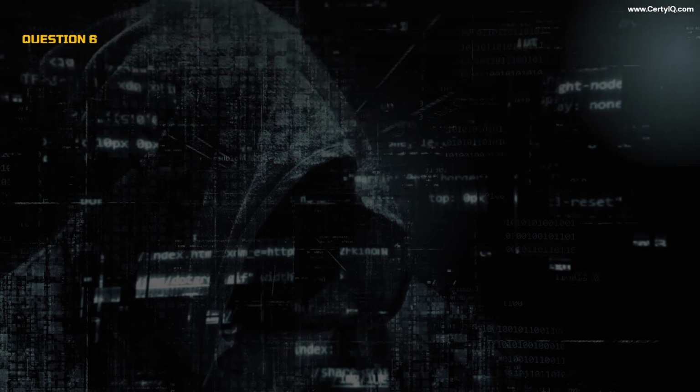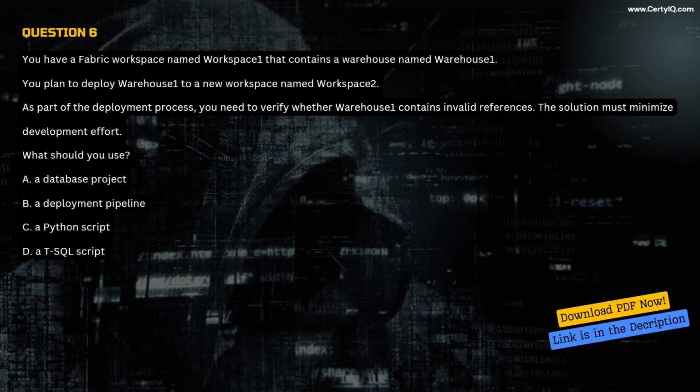Question 6. You have a Fabric workspace named Workspace 1 that contains a warehouse named Warehouse 1. You plan to deploy Warehouse 1 to a new workspace named Workspace 2. As part of the deployment process, you need to verify whether Warehouse 1 contains invalid references. The solution must minimize development effort. What should you use?